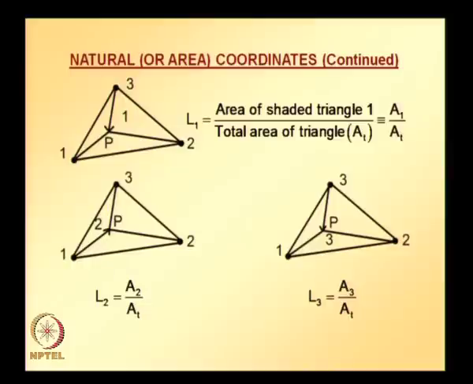And it can be easily verified that if you sum up L1, L2, L3, it is going to be A1 plus A2 plus A3 divided by total area, whereas A1 plus A2 plus A3 is equal to total area. So, L1 plus L2 plus L3 is going to be 1.